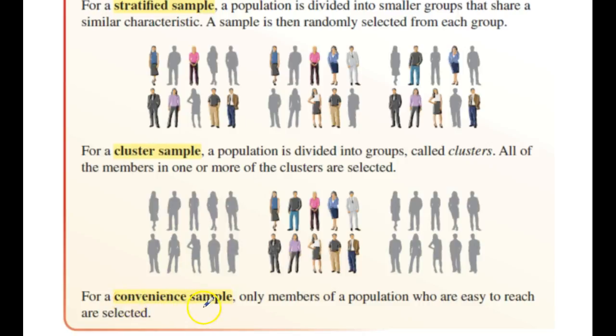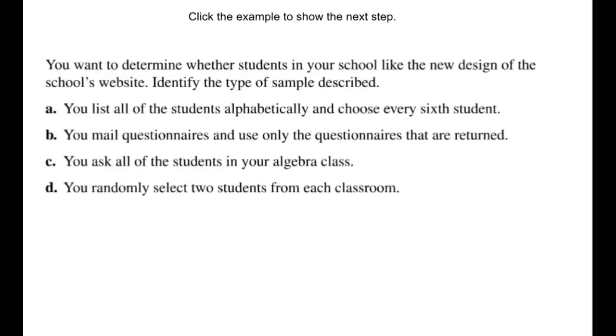For a convenience sample, right, only members of a population who are easy to reach are selected. So think about if you're talking about high school seniors. Your convenience sample might just be the seniors that are in your school or in your town. It won't be all high school seniors across the nation because that's going to be a really hard sample to get a hold of.